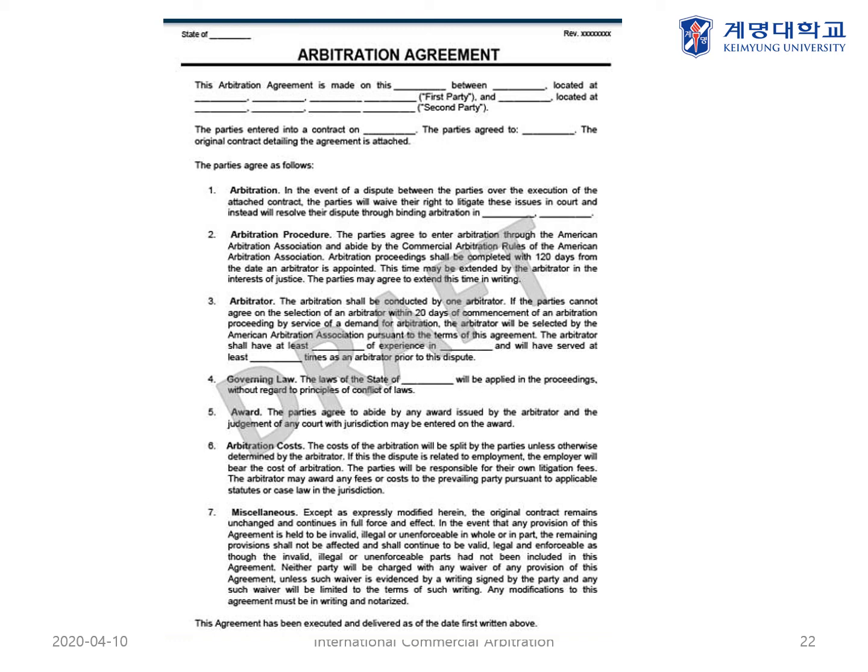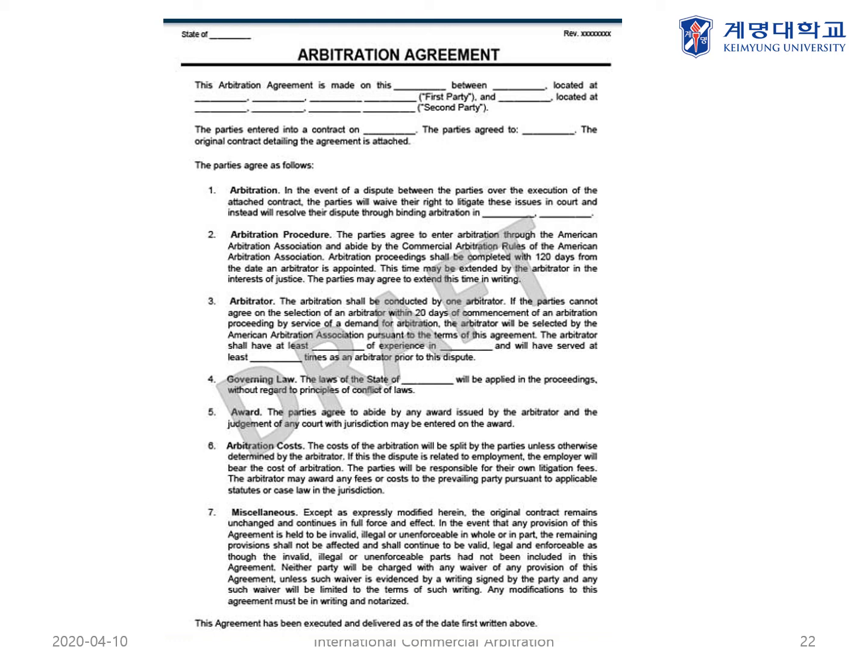Then number 6 is the arbitration cost, if they agreed to split it by parties, or otherwise determined by the arbitrator. Again, if the respondent loses, then the respondent will pay the cost of the arbitration. But if the claimant loses, the claimant is going to pay for the cost of arbitration.